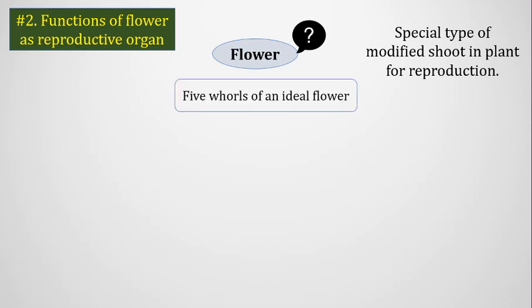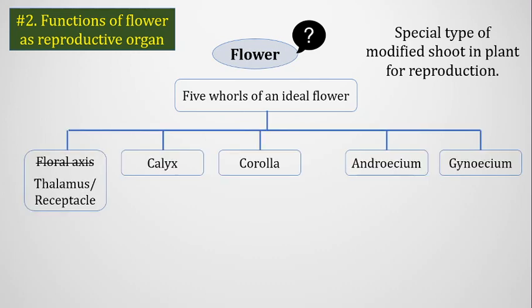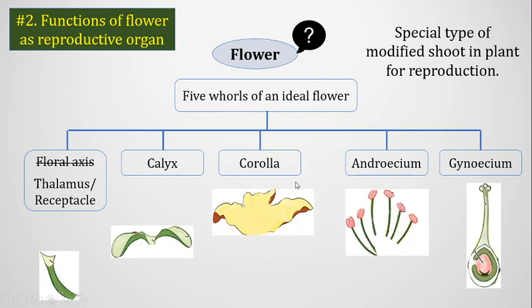So we know that a flower contains 5 parts. An ideal flower should contain 5 parts, and they are called: number 1, thalamus or receptacle; number 2, calyx; number 3, corolla; number 4, androecium; and number 5, gynoecium.